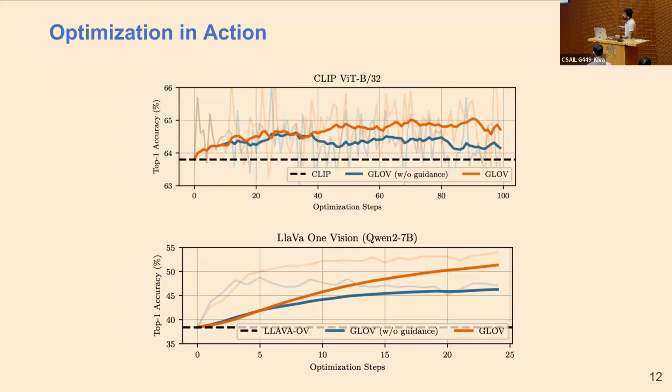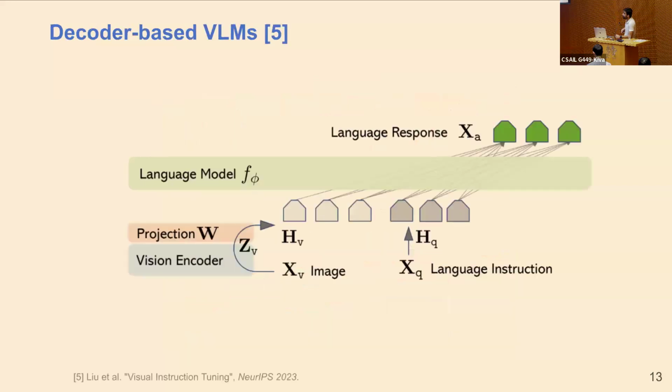We limit the optimization steps to 25 because it takes forever to run, for example, LLaVA 1 Vision. Blue is GLOV without guidance, and orange is GLOV with guidance. We see that our guidance is helping as the optimization proceeds.